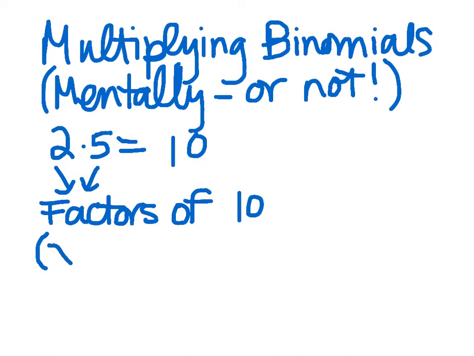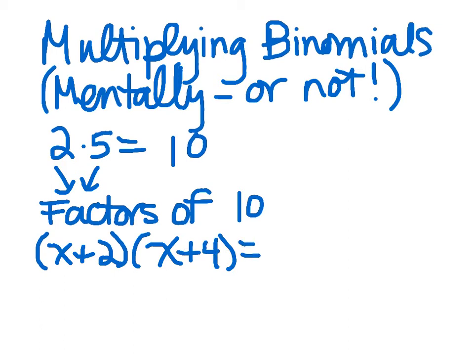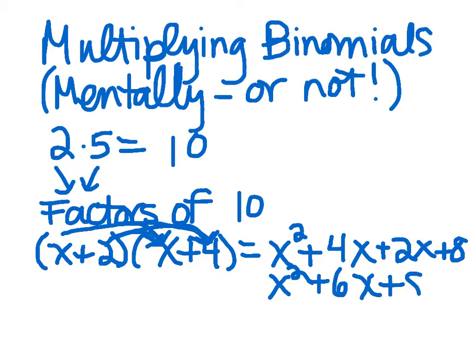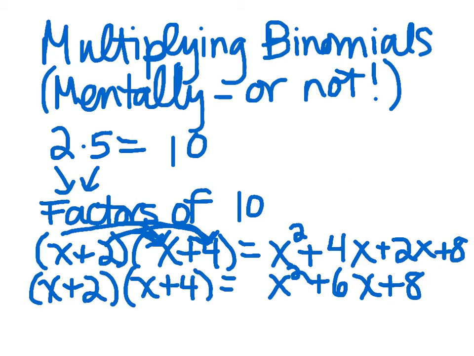Similarly, if I know that x plus 2 times x plus 4 is equal to, and this is review, we did this last night in mixed review as well, x squared, it's our super distributive property, plus 4x plus 2x plus 8, or x squared plus 6x plus 8, then even though these don't look like numbers, remember everything that we do in algebra is really the same as what we would do in arithmetic.